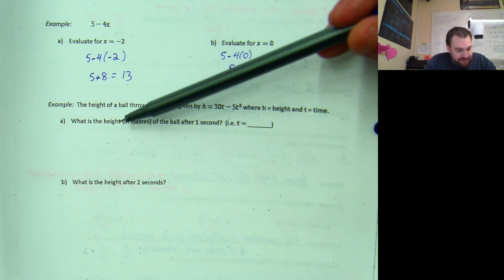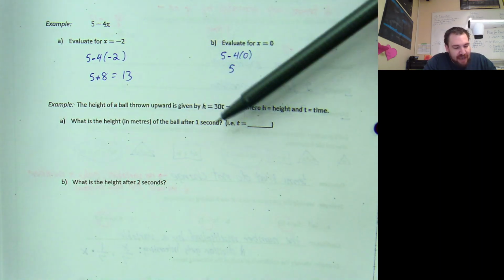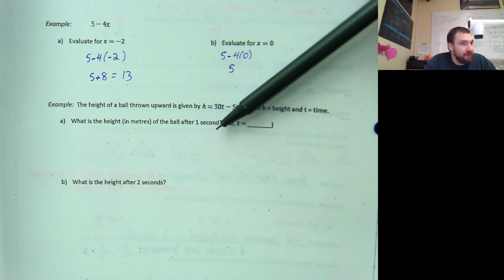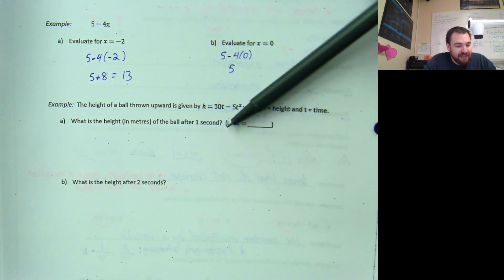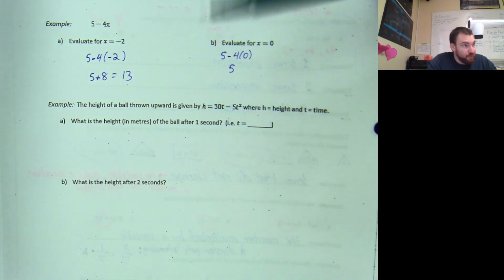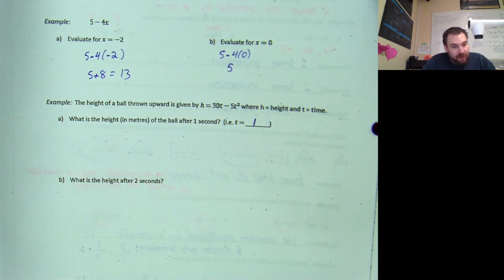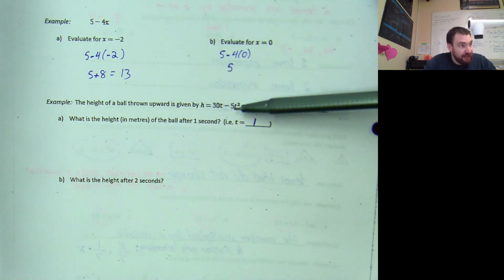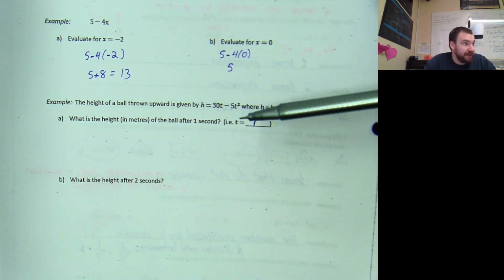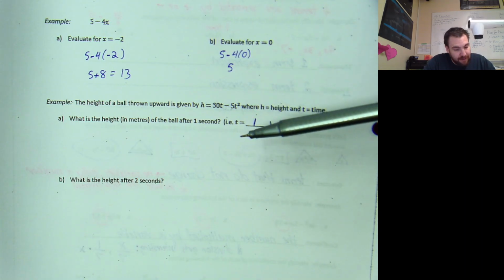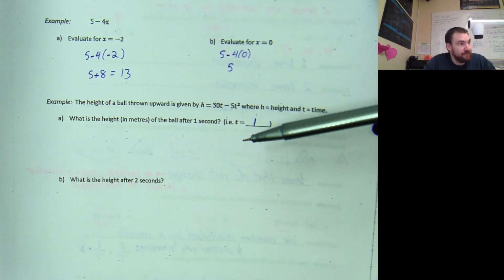So the question says, what is the height of the ball in meters after 1 second? So that suggests that t equals what? T equals 1 is the thing that you have to understand there. So I'm going to take my expression and replace 1 everywhere there's a t.